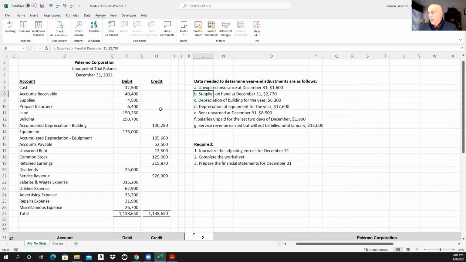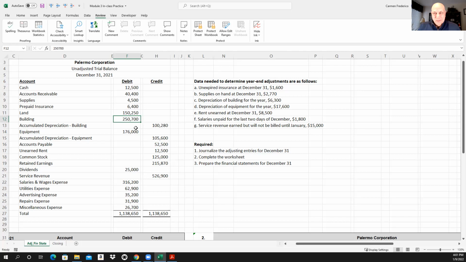Okay. Then we have transaction C, depreciation of the building for the year, $6,300. Well, we have building on the books, but we need to make an adjustment to write the asset down. Well, the accountant said, you know, this accounting stuff's getting too easy. We need to mix it up a little bit and create some new accounts.